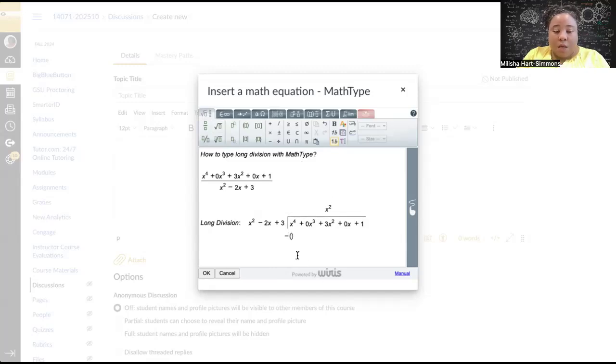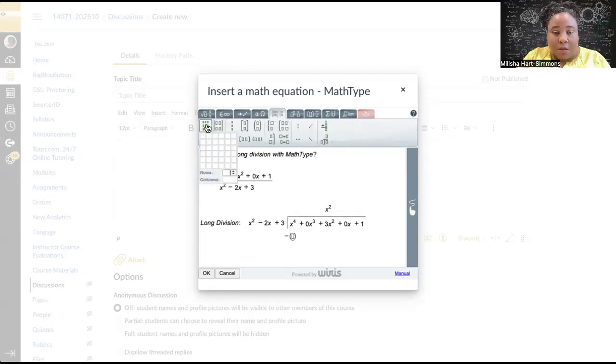Okay. And so now I'm going to insert the bottom enclosure, which is here, to enclose bottom. Okay. And then I'm going to go back to the matrix table, and I'm going to insert just 5 underneath.